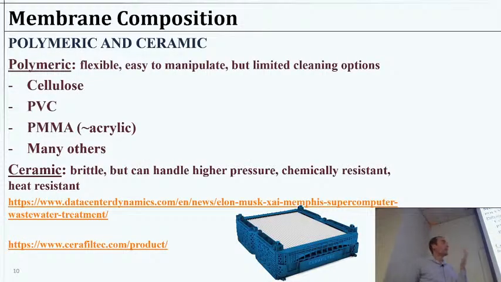Anyway, so what kind of stuff do we make membranes out of? Well, there's 2 forms, polymeric and ceramic, meaning plasticky type of materials, polymers, or a mineral type, like a ceramic of some sort. So polymer membranes are kind of the more typical, more common.